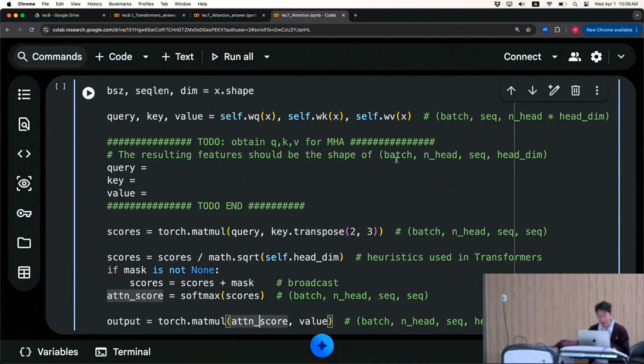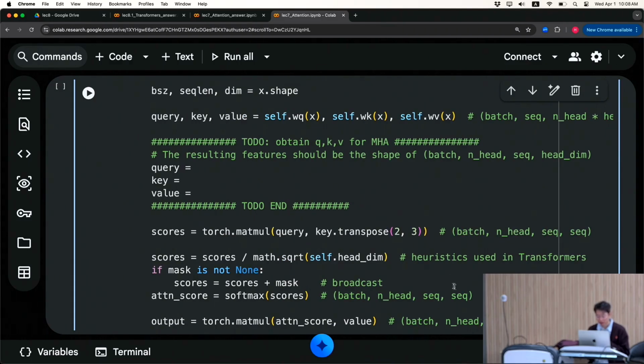Value is after reshape, and we're going to be batch size, number of heads. So we're going to look at this guy and this line here. Multiply this guy with this guy: batch, number of heads, sequence, sequence, then sequence, number of heads. So after we multiply these two, the output is going to be batch size, number of heads, sequence, and head dimension, because this dimension here is going to commute with this guy, and we're going to get an output of sequence by head dimension.